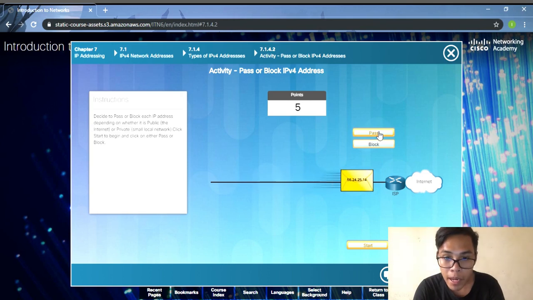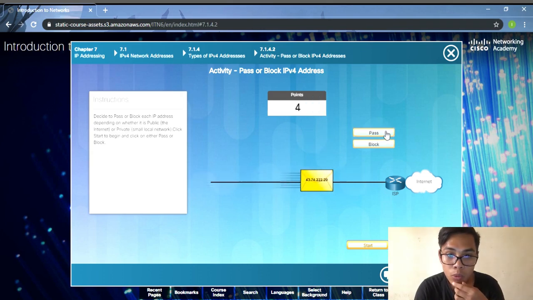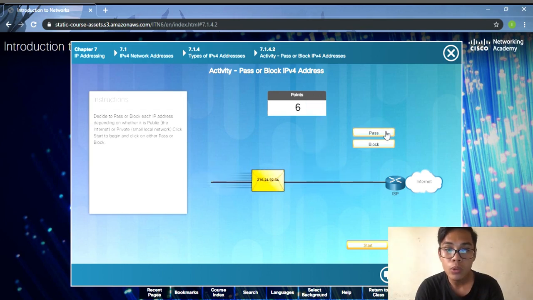I think this one is pass. This also, you just have to decide to pass it or block it. This one is to pass.